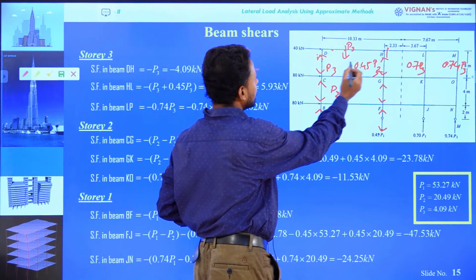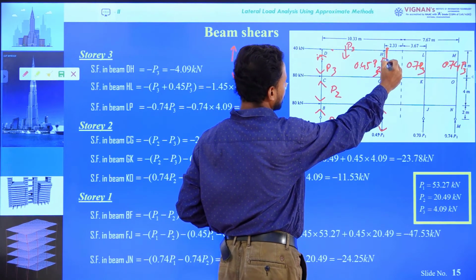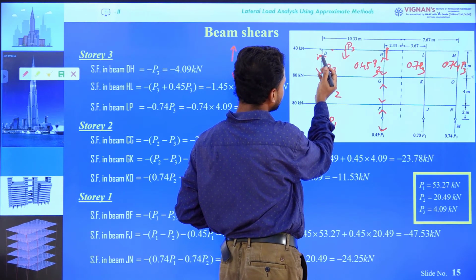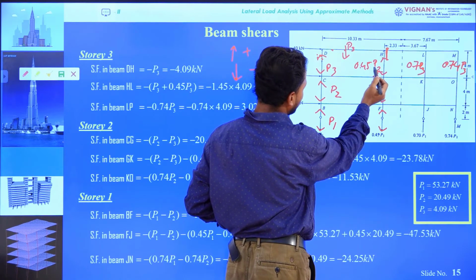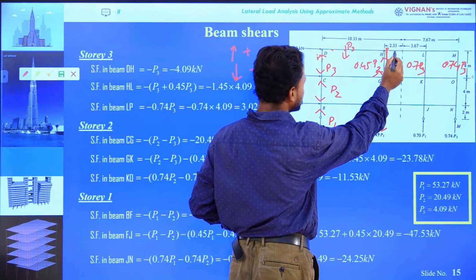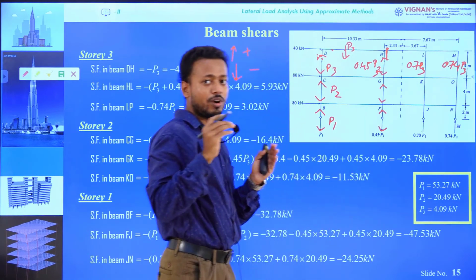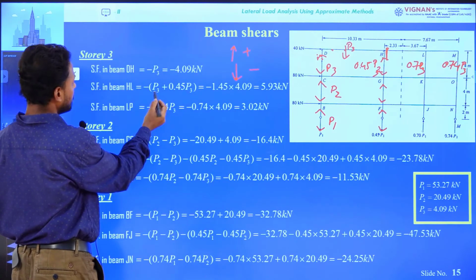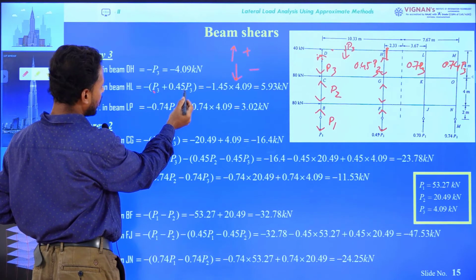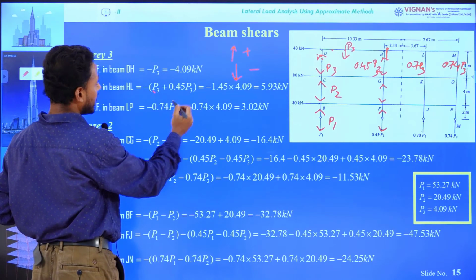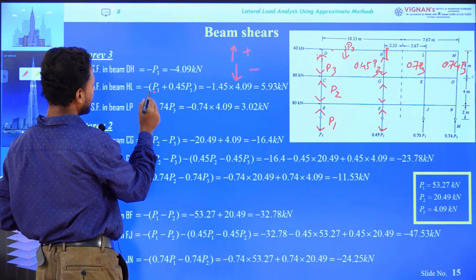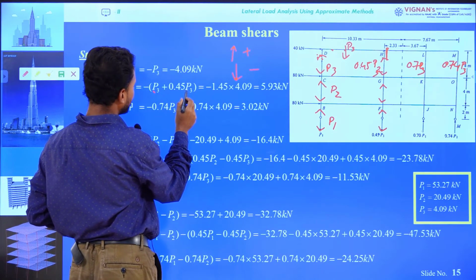So here if you consider this cross section, we have P3 plus 0.45 P3, and as you are calculating the beam shear, so you keep it one minus. So P3 is upward, so plus P3, 0.45 P3 is upward, so 0.45 P3, and as you are calculating in the beam, so opposite the sign, so we have minus P3 plus 0.45 P3.